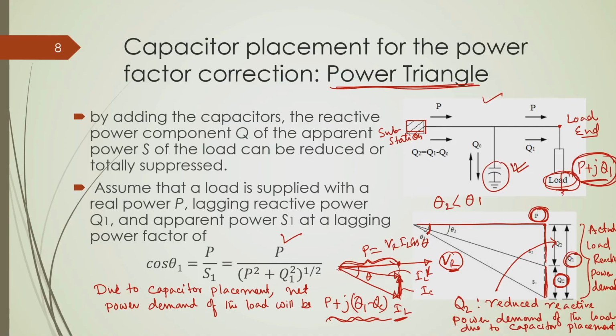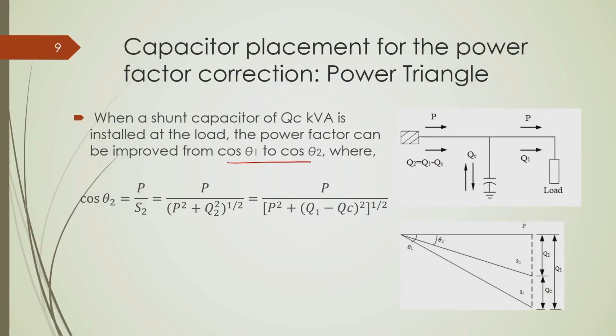Previously the substation was providing the entire Q 1 reactive power demand of the load. Now, since Q c amount of reactive power is locally supplied by the capacitor, the actual reactive power drawn from the substation is reduced to Q 1 minus Q c, that is Q 2. So, this is the effect of capacitor placement. Thereby the power factor is improved from cos theta 1 to cos theta 2, and obviously this cos theta 2 you can determine from the power triangle.